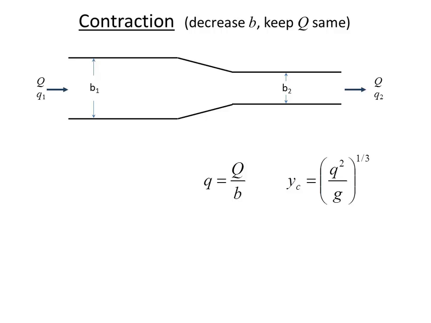If flow per unit width gets bigger, so will the critical depth. It will increase as well because we've got a bigger q. g stays the same. The equation stays the same. It's still rectangular between 1 and 2, so this equation still applies. And so now we've got a bigger critical depth because the channel got narrower.